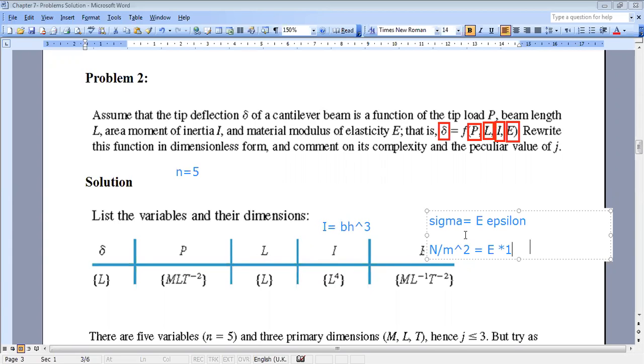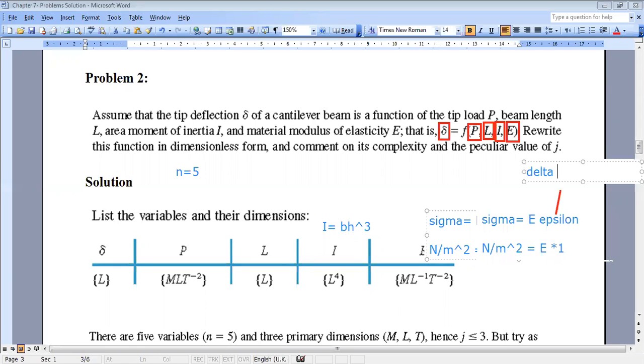Now for the modulus of elasticity E, if you have taken a material course, you know that E can be found from this relation: sigma equals E times epsilon. And epsilon is without unit because epsilon is defined by delta L over L. So it's length over length, so it will give you a unit of 1.